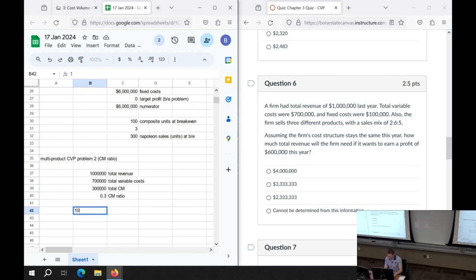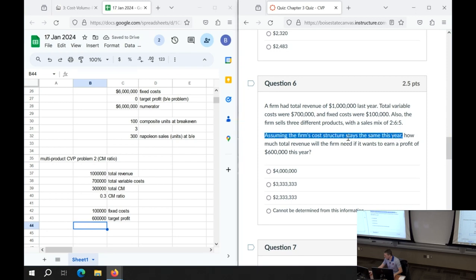We also know our fixed costs. And it says in the problem we have a target profit. So this is the critical assumption that I include. I think I've included it in every problem that does this, but if not, it's almost always there.